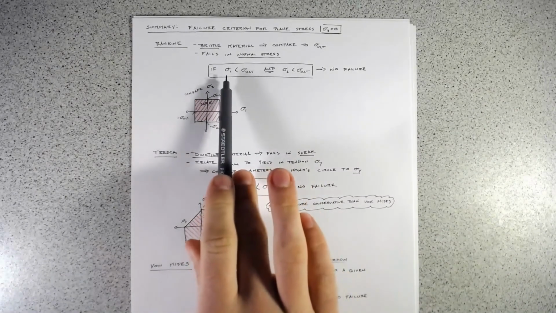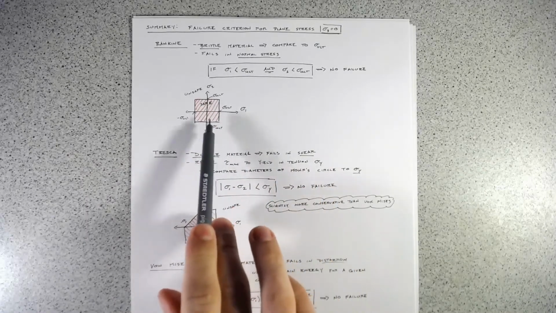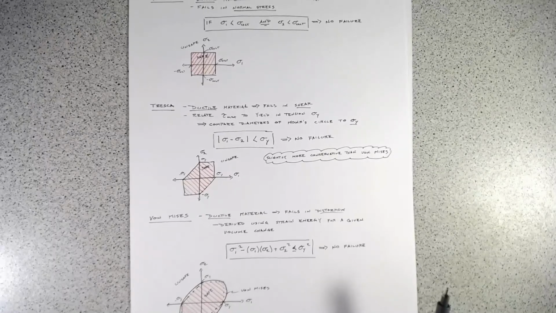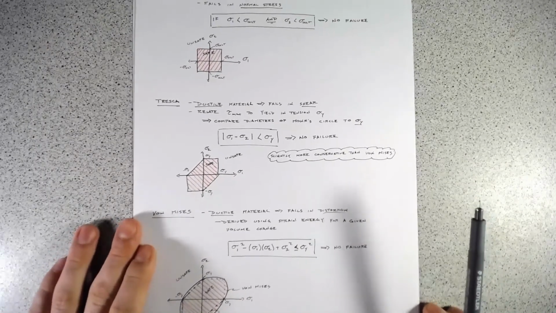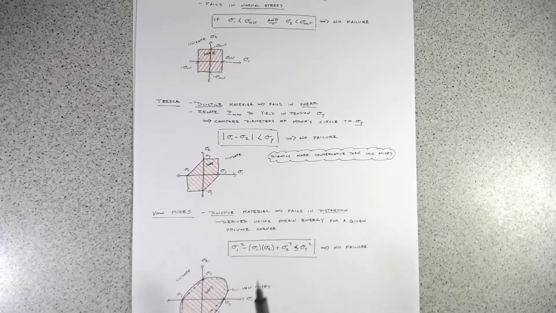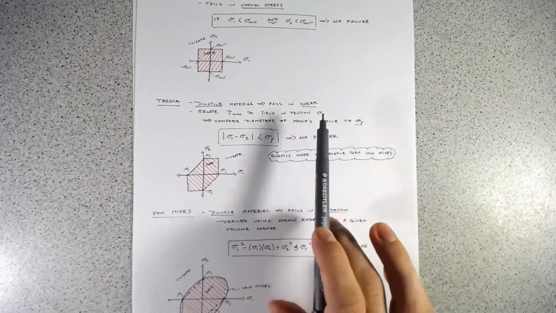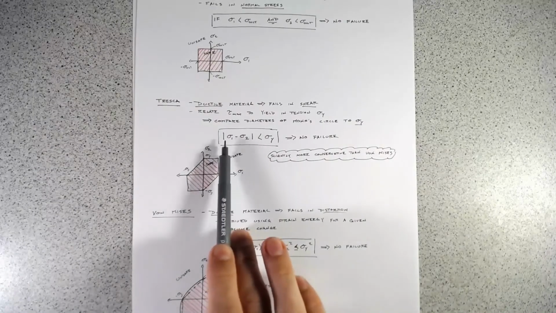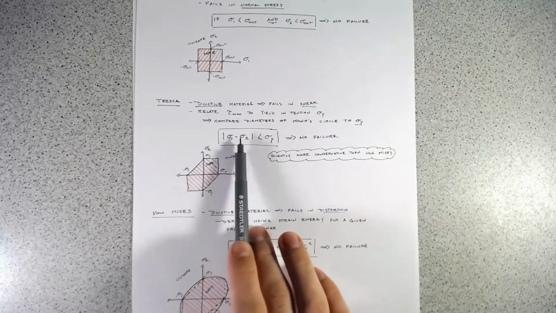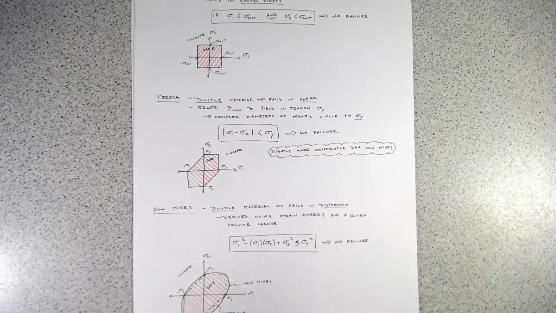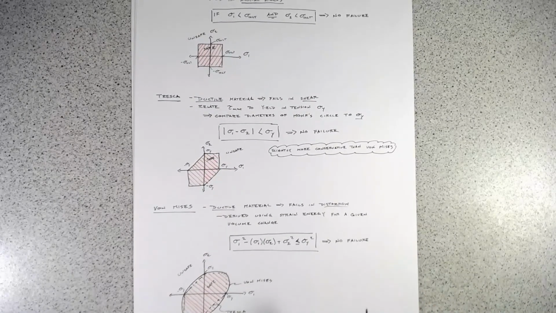So you need both of your principal stresses to be less than your ultimate stress to be safe. For the Tresca, it's ductile material, and we're comparing our max shear stress to a yield stress. So if the magnitude of your Mohr circle is less than yield, you're going to have no failure.